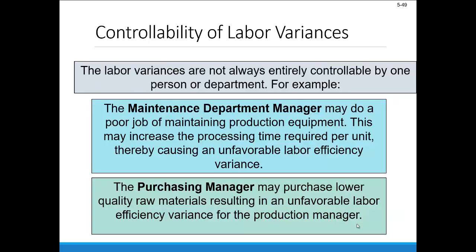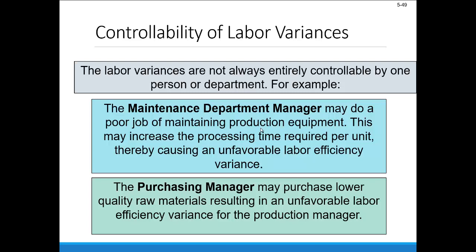Just like we talked about with our materials variances, labor variances are not always entirely controllable by one person or one area. Just as an example, the maintenance department manager might do a poor job of maintaining production equipment. Stuff might be broken down all the time. That could increase the processing time required per unit. We could have people standing around waiting to be able to use machinery and things like that, and that might lead to unfavorable efficiency variances.